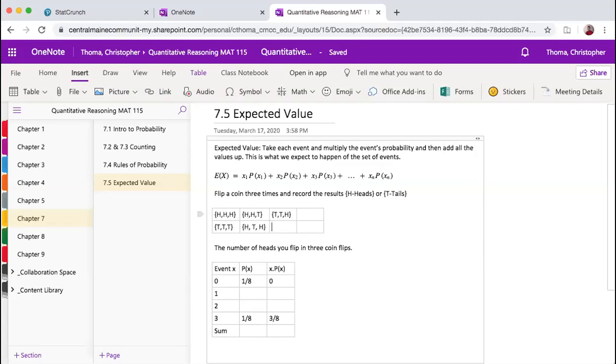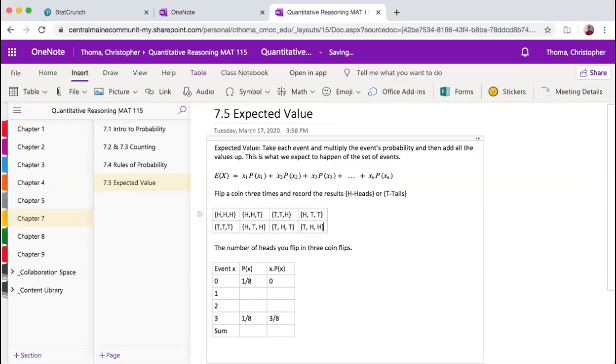I could have tails, heads, tails. What am I missing here? Do I have heads, tails, tails? No. There we go. Heads, tails, tails. And the complement, tails, heads, heads.